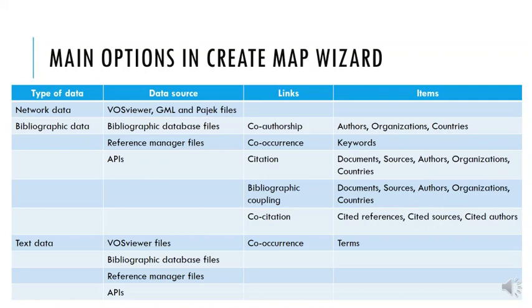If you want to create a map based on bibliographic data, you can create 5 types of links between items to be analyzed. These include the co-authorship link, the co-occurrence link, the citation link, the bibliographic coupling link, or the co-citation link. Based on the type of links that you analyze, the output of your analysis will vary.